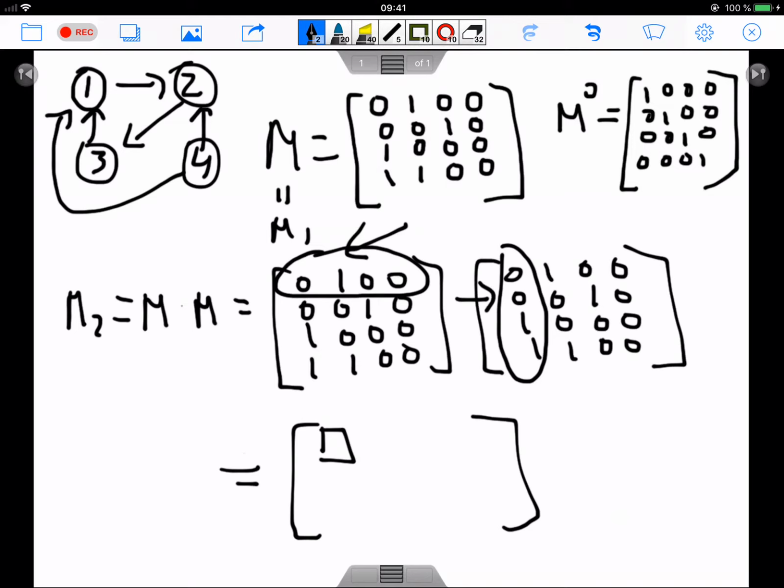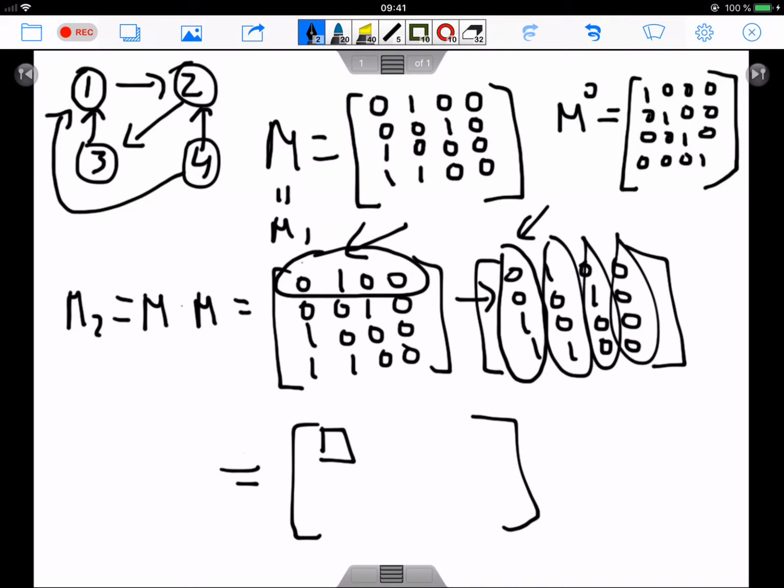The other ones, we know that they are going to be 0 because we have zeros here, 0 in the first position, 0 in the second position, 0 in the third position. This row is going to multiply first this column, then this column, then this column, then the fourth column.